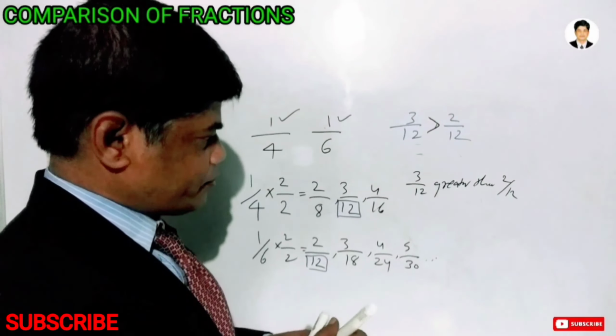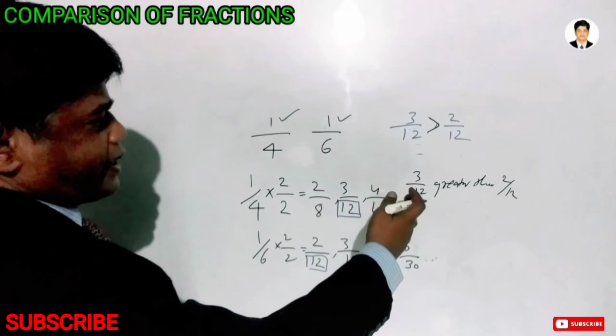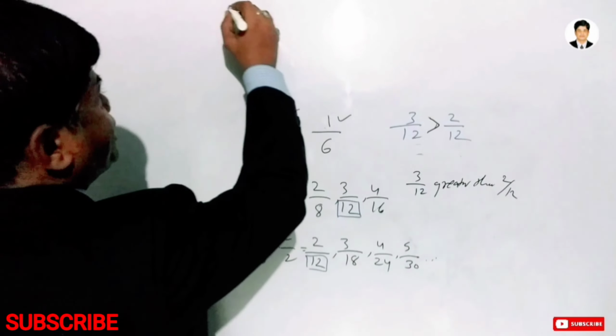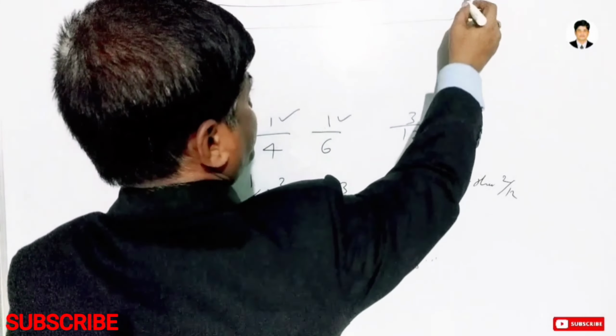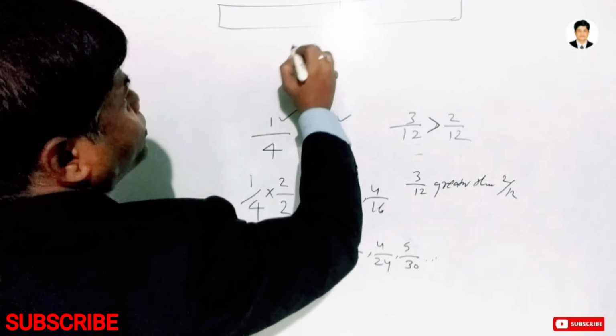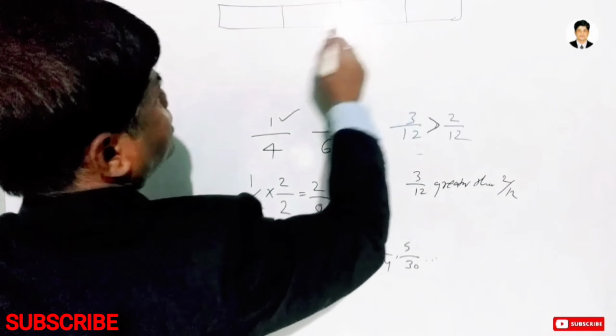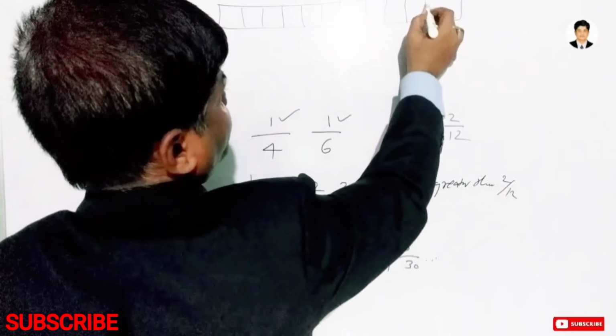The only thing is, here if I am writing the same 3 by 12 and 2 by 12, one whole is there. This whole I am dividing into 12 equal parts: 1, 2, 3, 1, 2, 3, 1, 2, 3, 1, 2, 3.